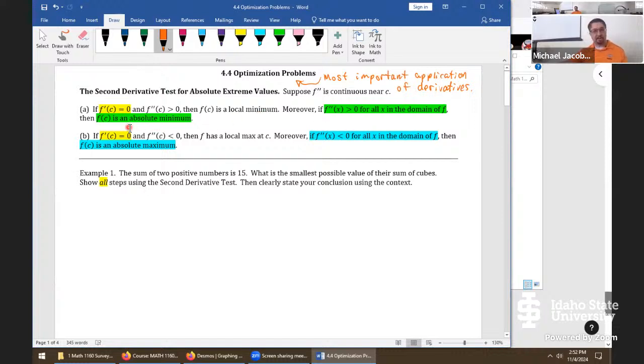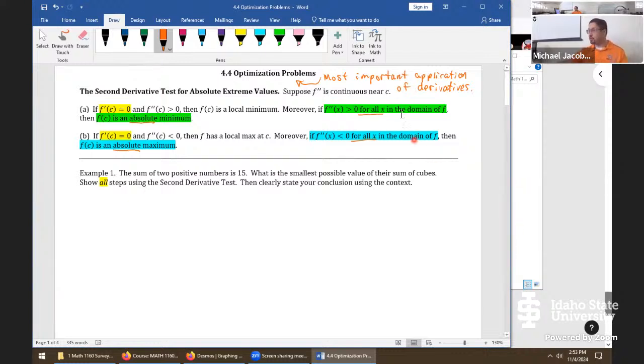Likewise, if we find a critical number, but we know that the second derivative is always negative for all x, not just at the critical number, it means we have an absolute maximum, not just a local maximum. So it's this part where it says for all x that gives the absolute minimum, and for all x here that gives the absolute maximum.